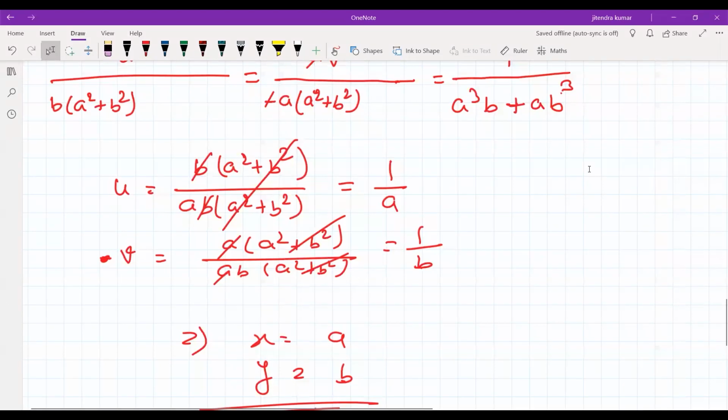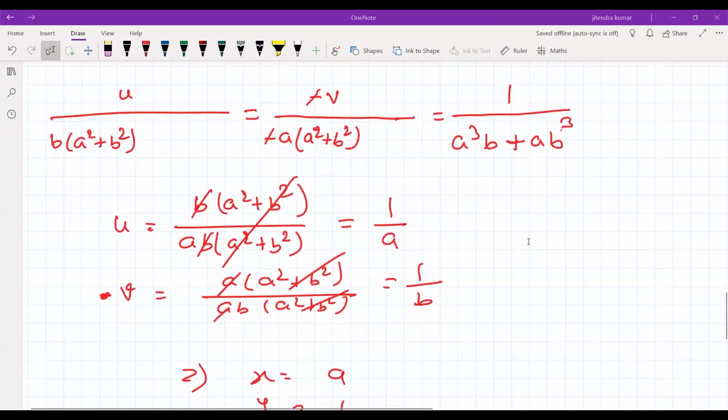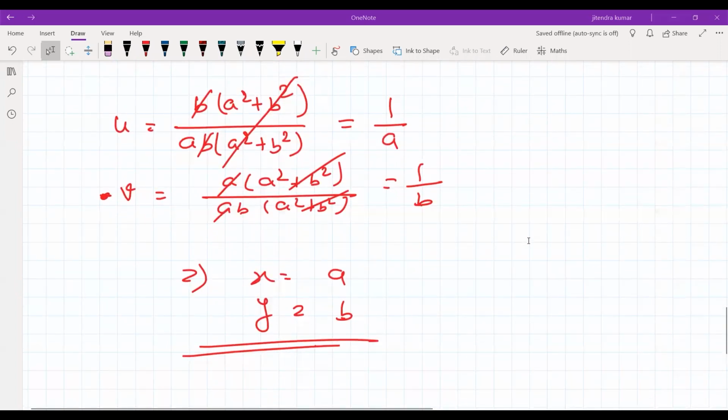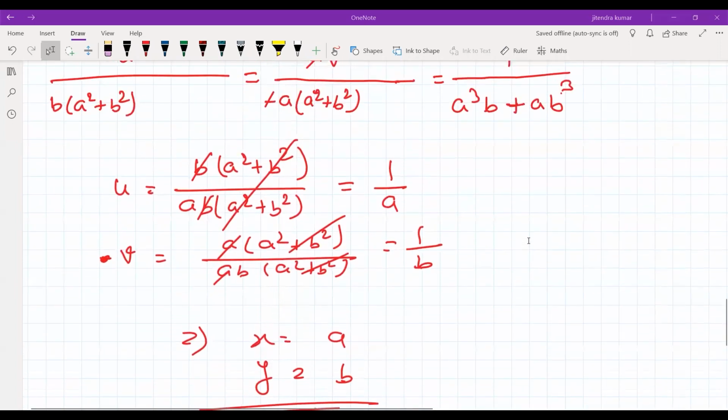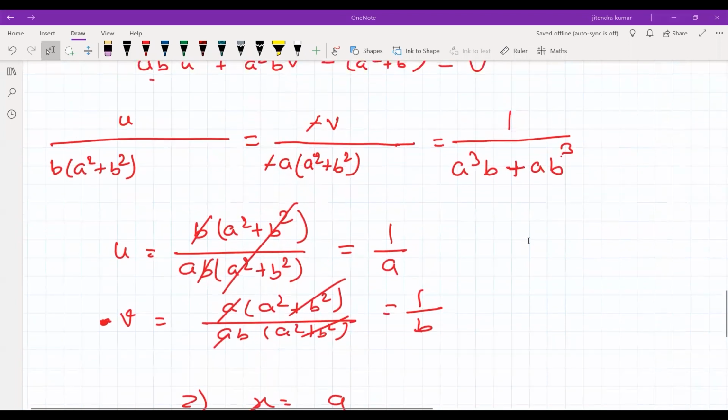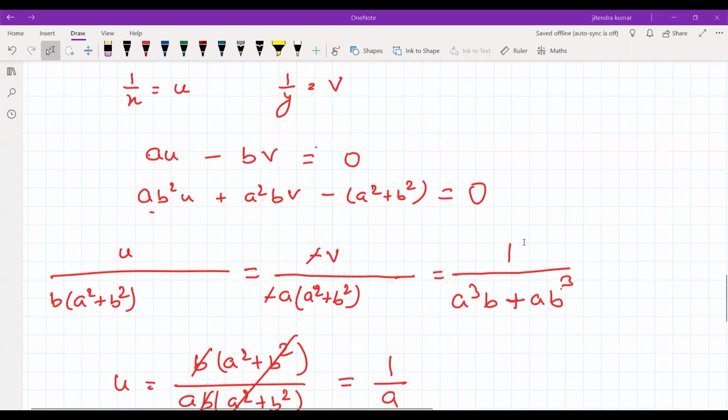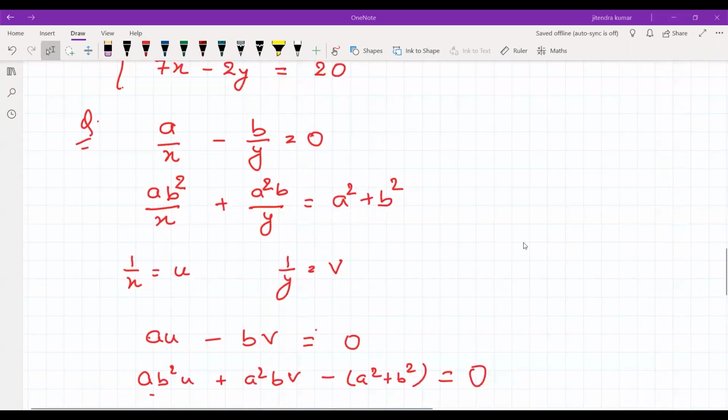Yes, and Sir, could you explain this bit once more? From where, from the grouping that u is equal to. See, we have considered 1 by x as u, 1 by y as v.